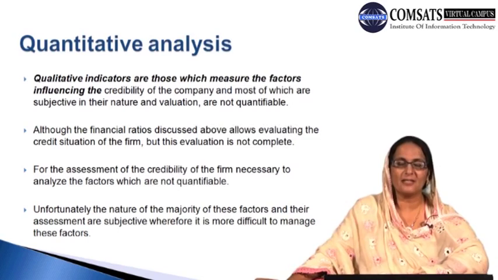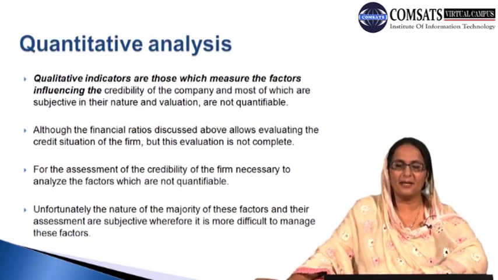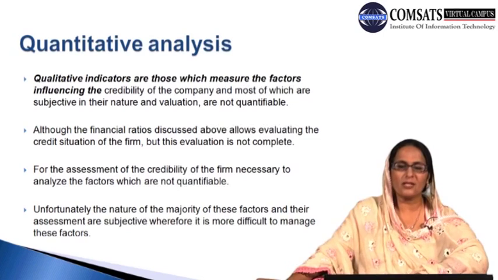And what factors are basically influencing the credibility of the company issuing the bonds, the qualitative indicators should be helpful in providing this information, and most of them are subjective.